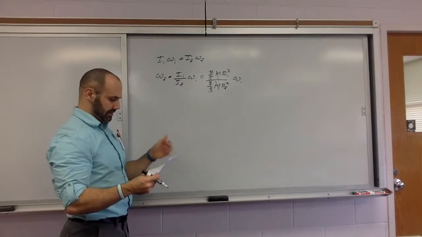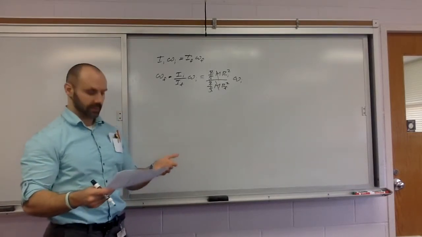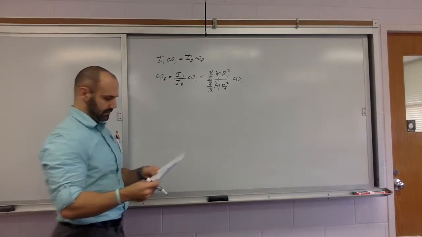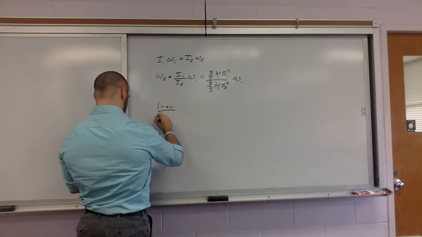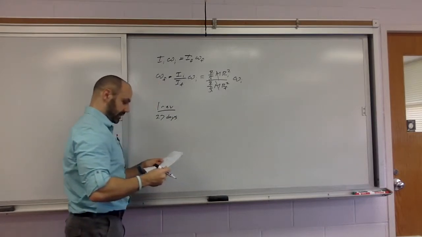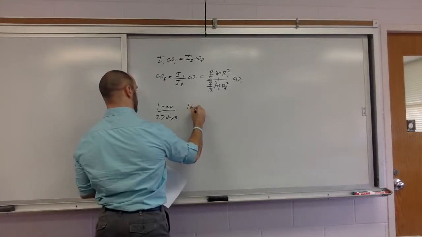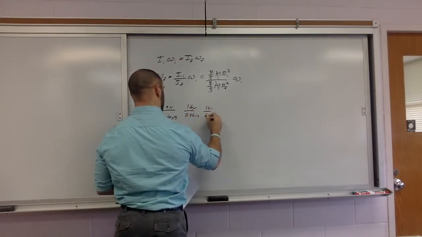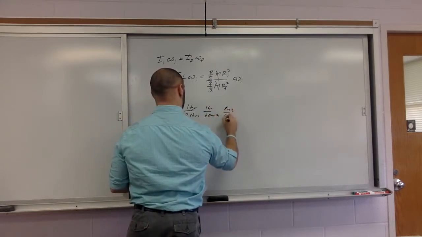The thing about omega is that I don't know what it is in radians per second. I need to find the angular velocity. So it makes one revolution every 27 days, right? But we convert this, we know 1 day is 24 hours, and 1 hour is 60 minutes, and 1 minute is 60 seconds.